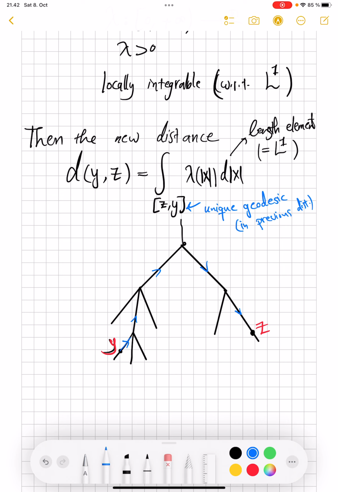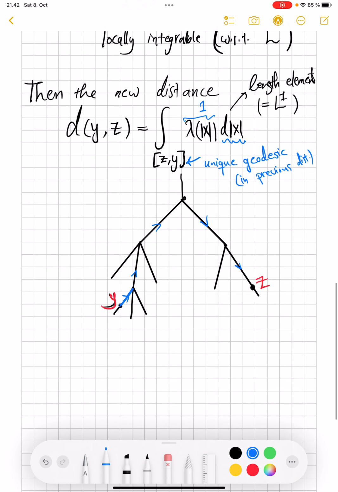So if you integrated the function 1 here, this would just give back the same previous distance, because integrating this is only how far you are from the root, and locally it just means the Lebesgue measure. The previous distance was isometric to 0, 1.